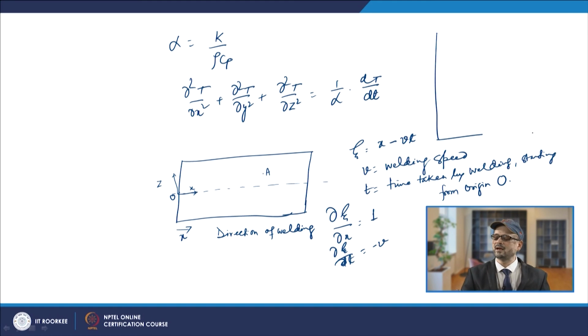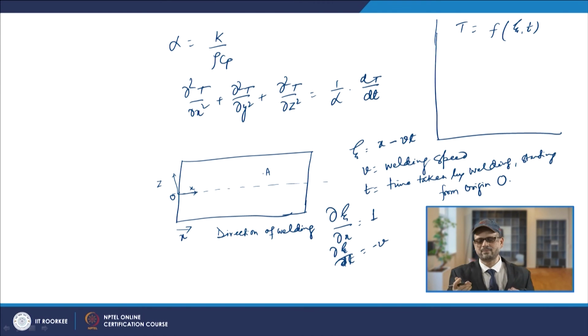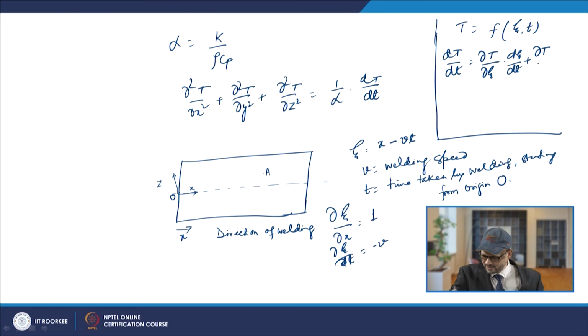Since it is a function of zeta and time, we need the expression for the differentiation of T with respect to t. We have the partial differentiation principle: we differentiate in terms of zeta, then d zeta by dt, plus further partially differentiate with respect to t.